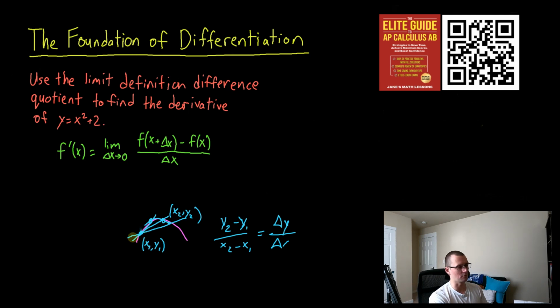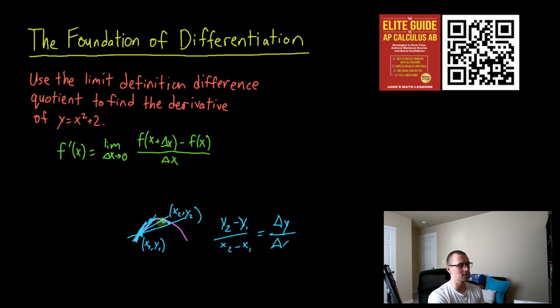I'm not going to be able to really draw it very well, but the idea is imagine that this second point moves so close to this first point that they're infinitely close to each other. They're not exactly touching each other, but they're infinitely close to each other. That secant line would be a very, very, very good approximation for the tangent line.